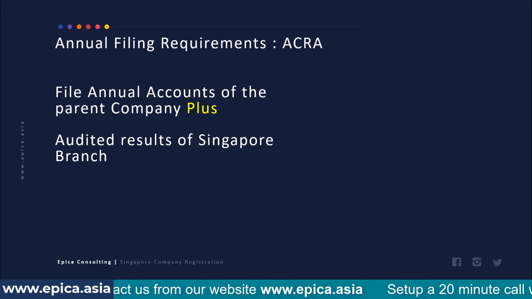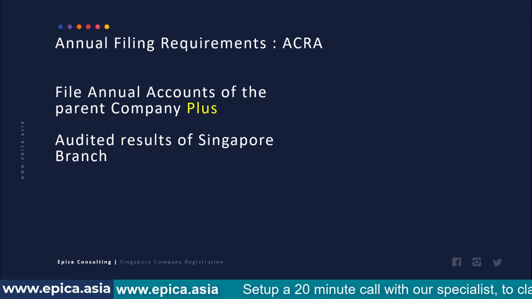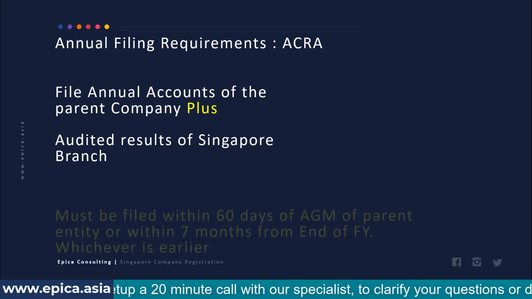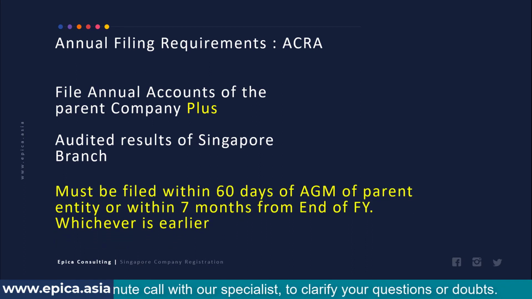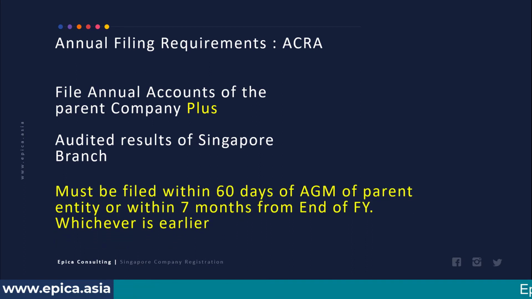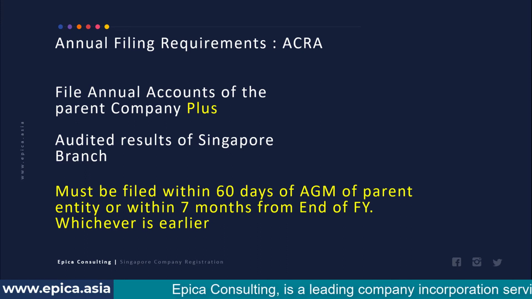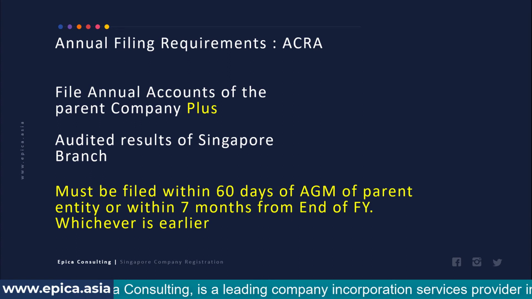So if your parent company is in Netherlands, their accounts plus audited results of the Singapore branch both will need to be filed in Singapore, and they must be filed within 60 days of conducting the AGM of the parent entity or within 7 months from the end of the financial year, whichever is earlier. So if your home country has a longer duration, that is not effective here. You will have to stick to this time frame, maximum 7 months or within 60 days of the AGM.